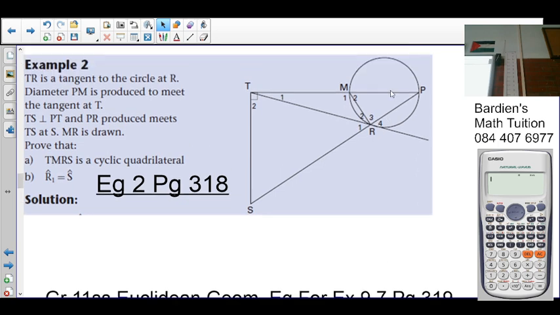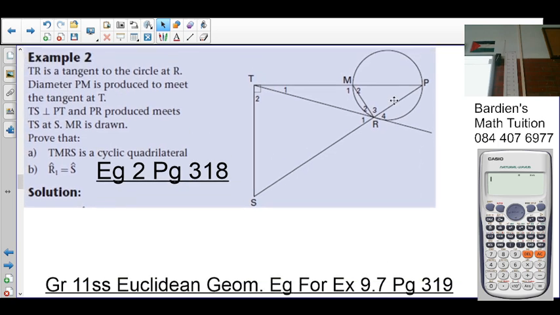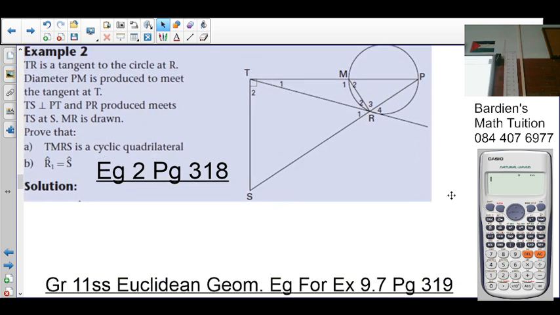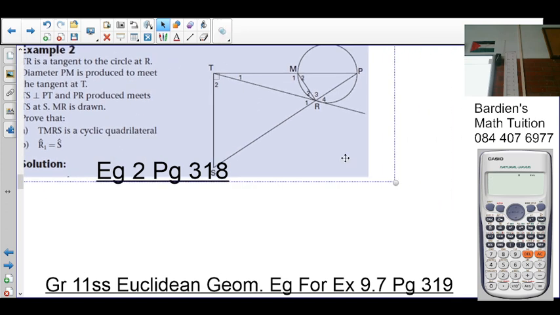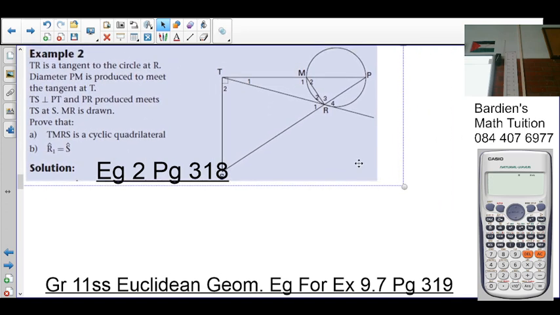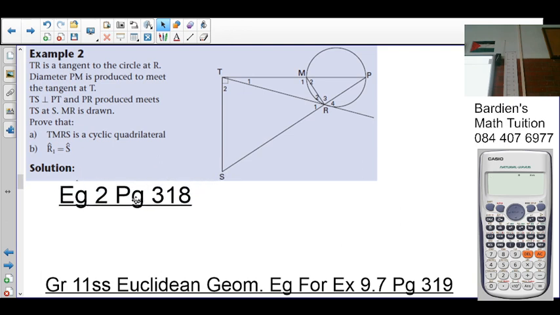You actually need the top part. Make it a bit smaller, sorry about this now. So we are told that TR is a tangent to the circle at R.